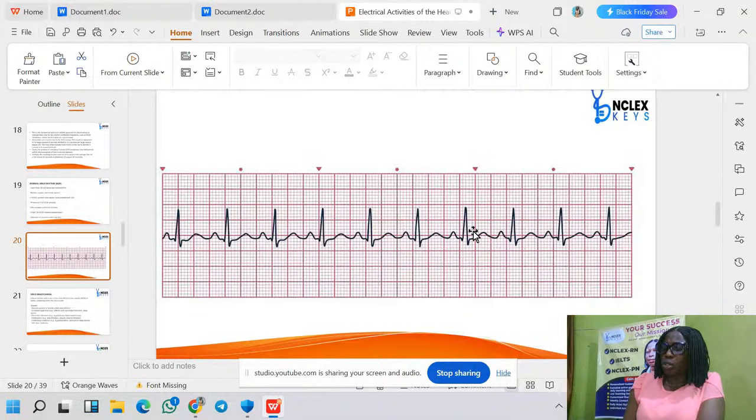So what is the pulse of this patient? Don't worry, I'll wait for you. Why it's been looking difficult is because they don't really allow you to practice it.